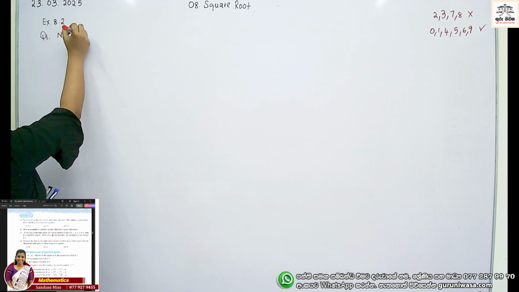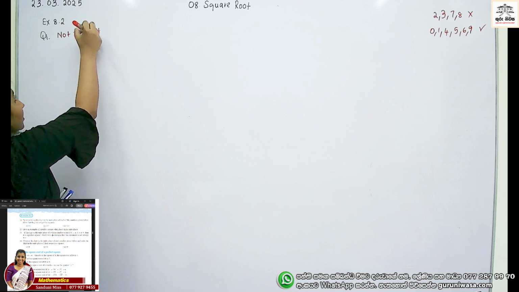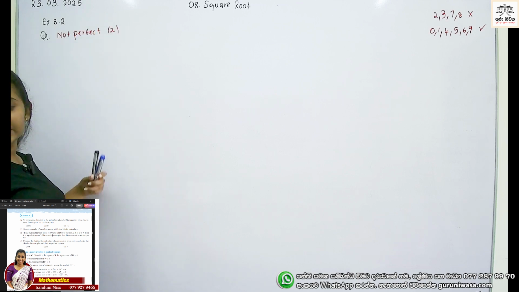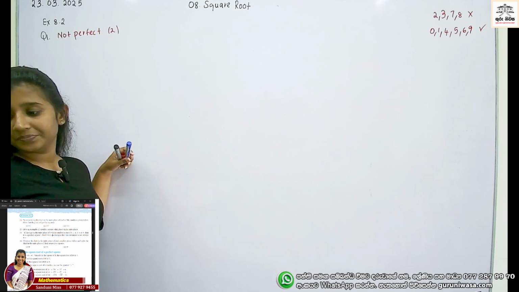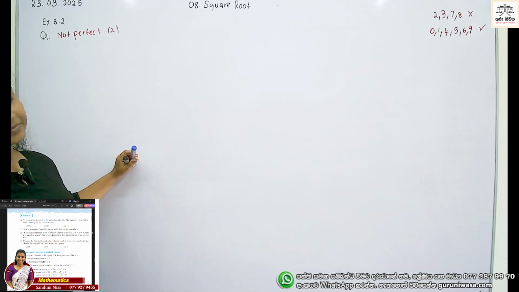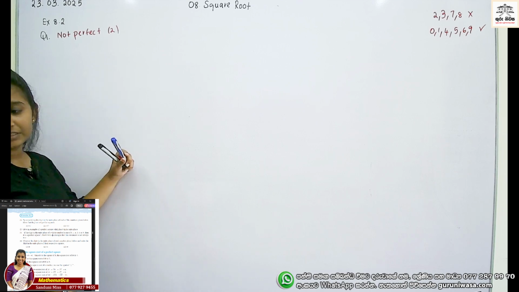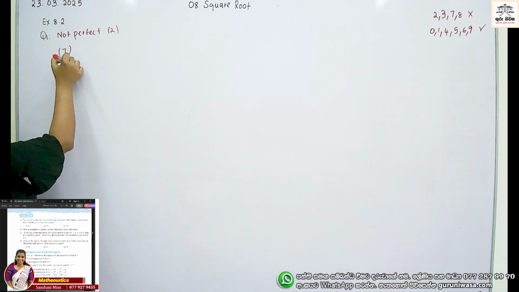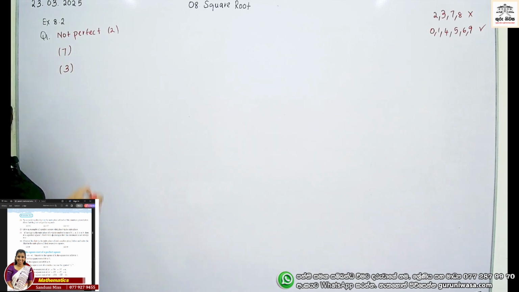Not perfect. Why? 2 is in the unit place. 7 and 3. 957, the unit place number is 7 and here the unit place number is 3.